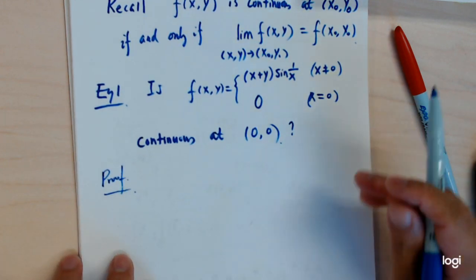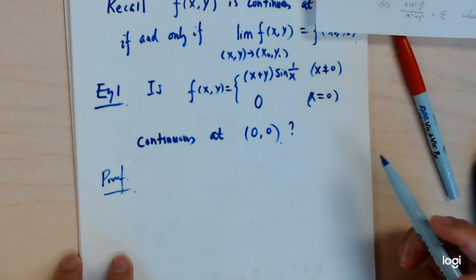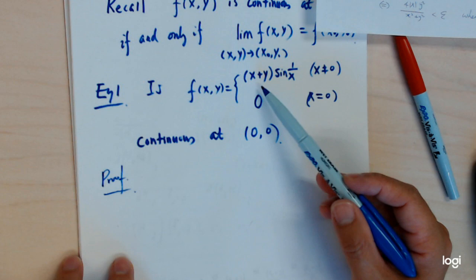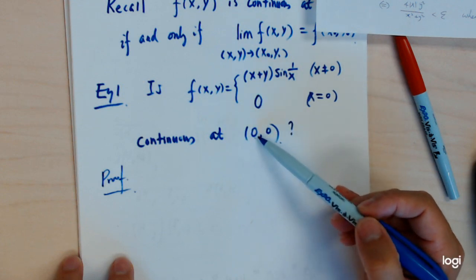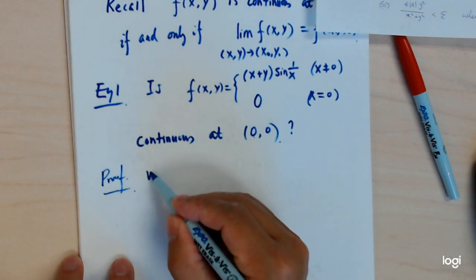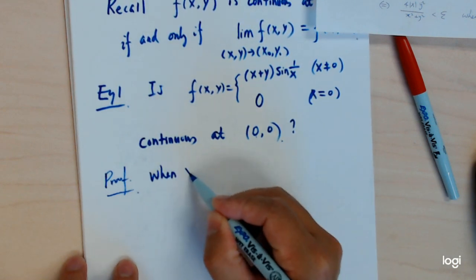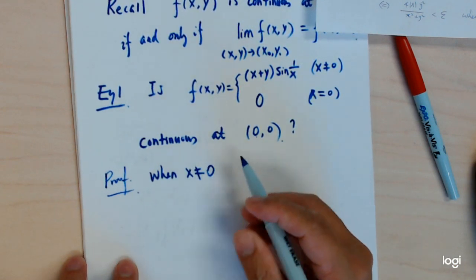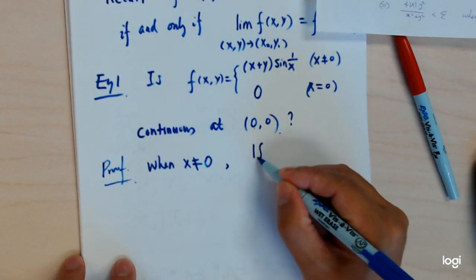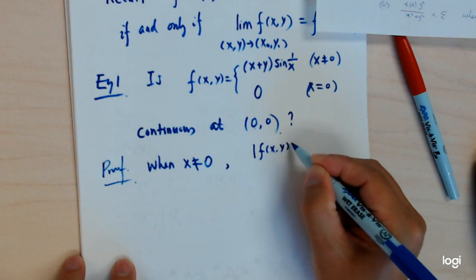So here we suspect that it is, because the limit appears to be 0, which matches with the function's value at 0, 0. But we need to prove it. When x is not 0, we take a look at the function's value.